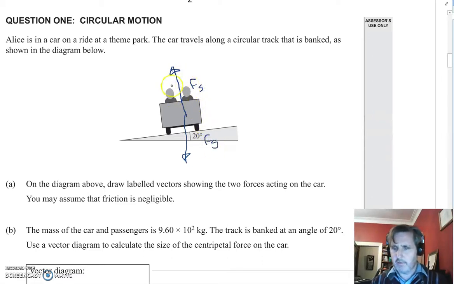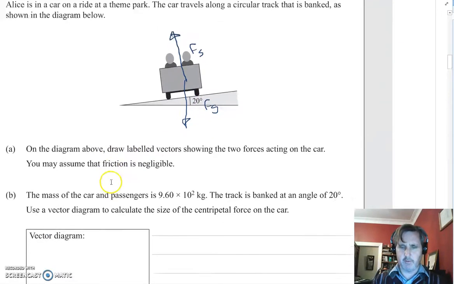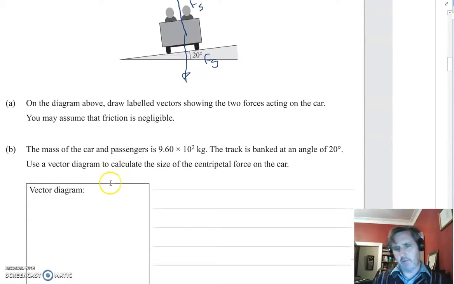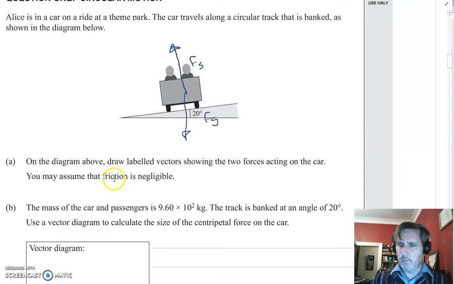Make sure you draw these in proportion to each other, because the height of the support force should be the same as the height of the gravity force. The support force should be perpendicular to the surface, and the gravity force should be going directly down compared to the ground. There's no friction, so I don't have to draw that. So this is the force diagram.